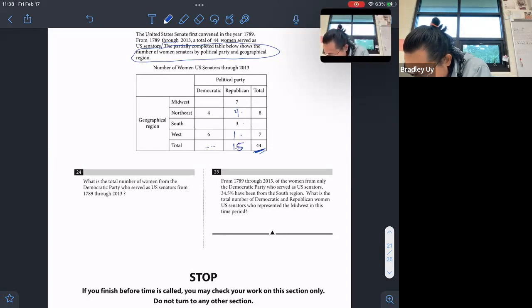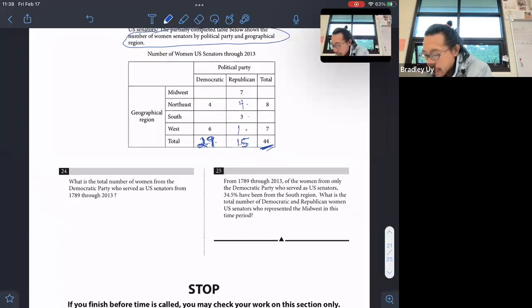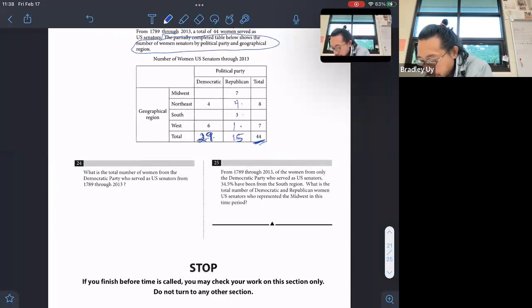And this number has to be 29. That will help us much later in the problem. Notice, like I said, if you can't go any further, don't panic. What's the total number of women from the Democratic Party who served as U.S. senators? This number is going to be 29. That's how we got that.